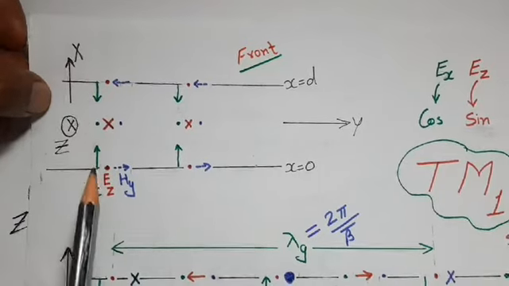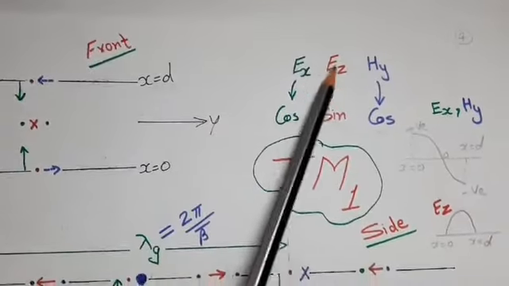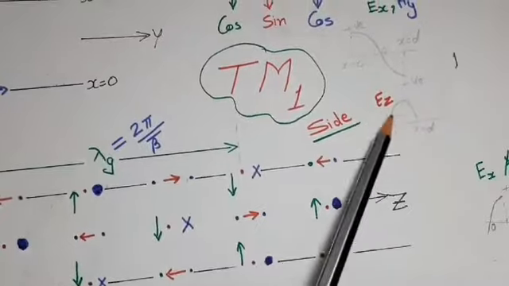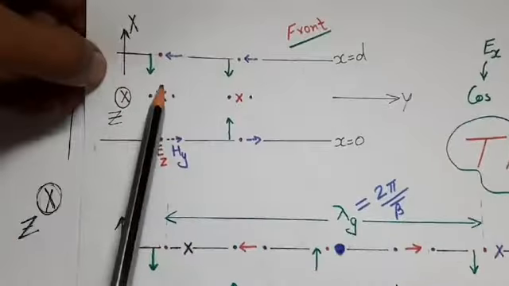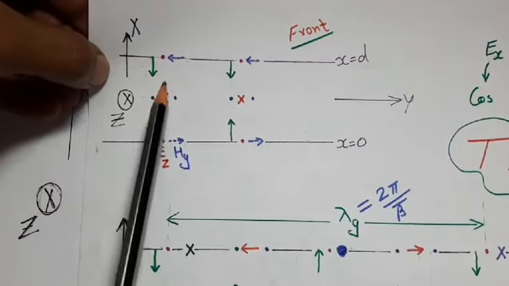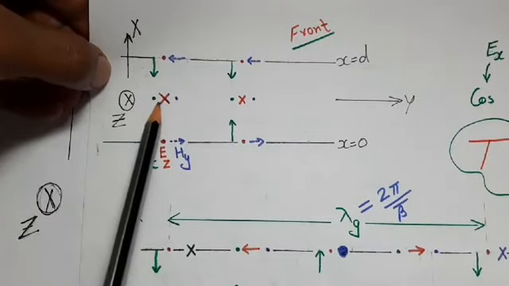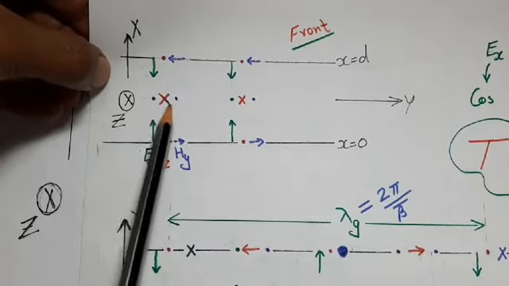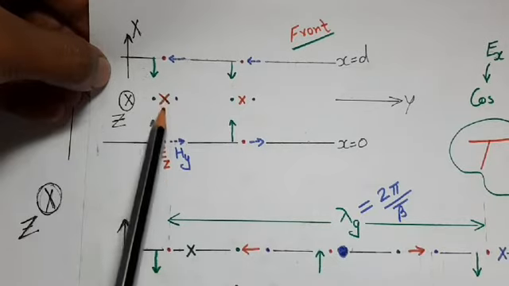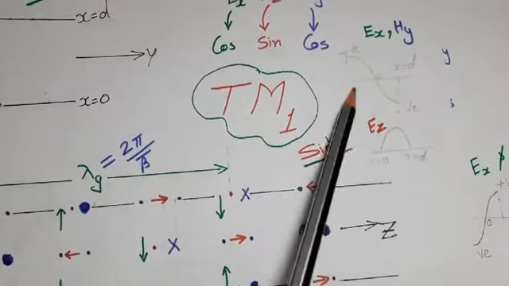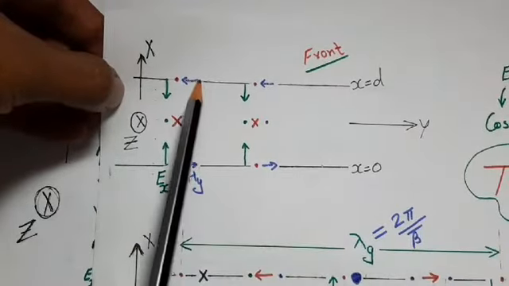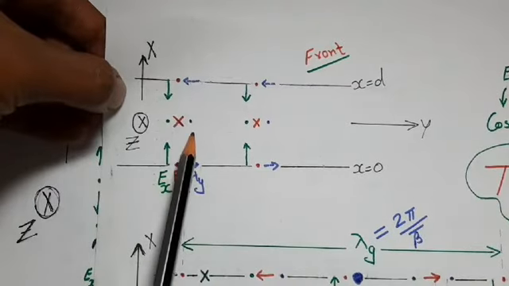Similarly, the Ez component which has sine variation would be 0 on the boundaries and has positive max in between the planes. As the positive z direction is into the paper, that's why we represent this with a cross. Next is Hy, which has cosine variation, so it would have positive max at x is equal to 0 and negative max at x is equal to d, and 0 in between the planes.